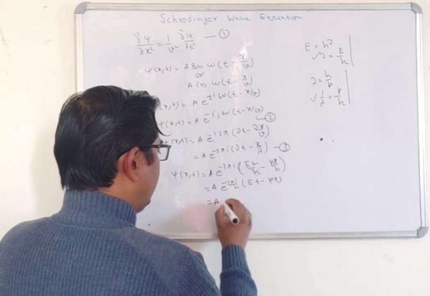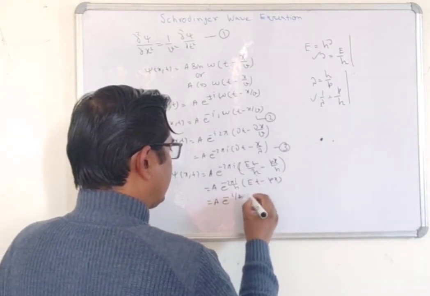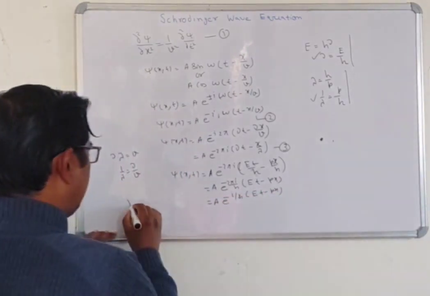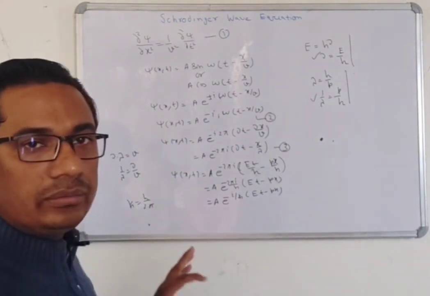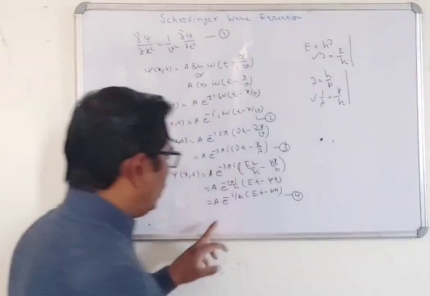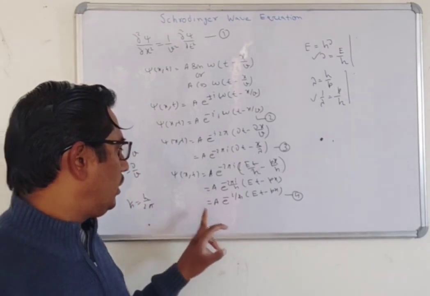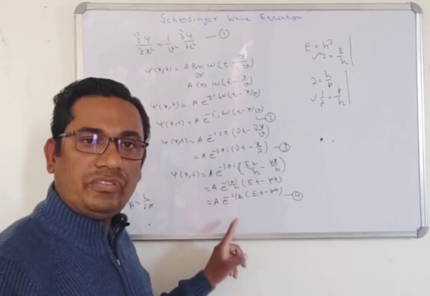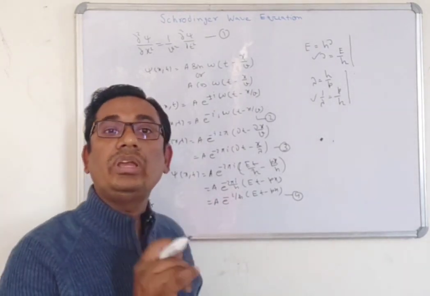Also we can write this as i divided by h cut times Et minus px, where h cut is equal to h upon 2 pi. This is equation number 4. Now for equation number 4, we can say that this wave function represents a free moving particle.